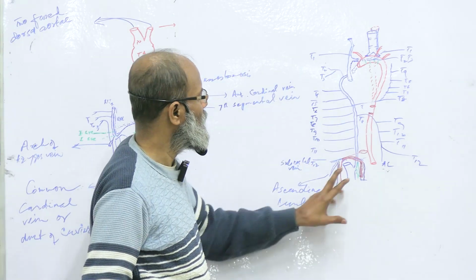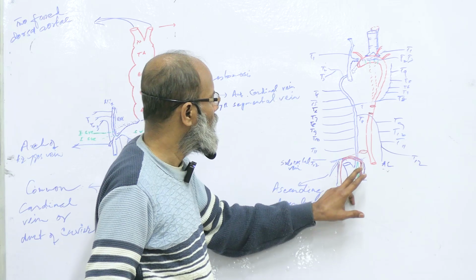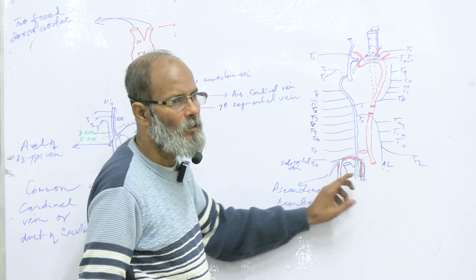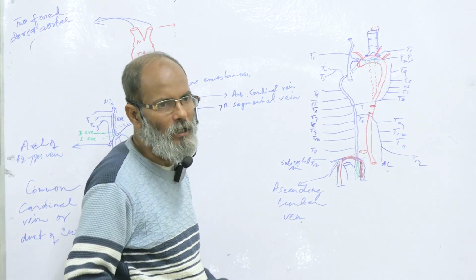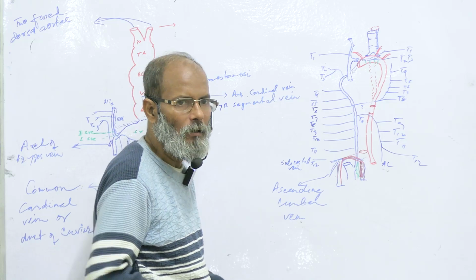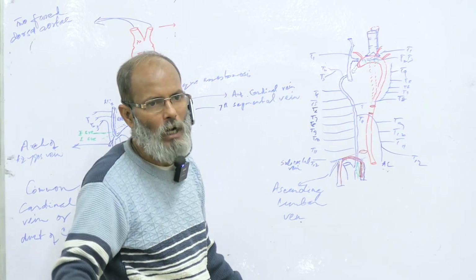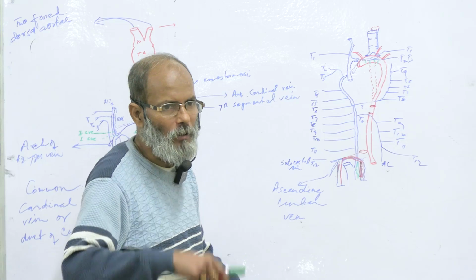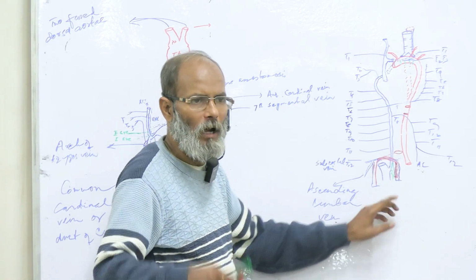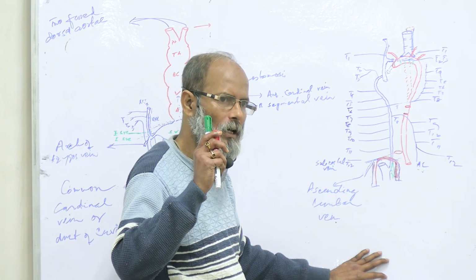This is the IVC, abdominal aorta, and in between there is the cisterna chyli. This space is in between the two crura of the diaphragm. This is the right and left crus of the diaphragm. I have drawn it earlier.